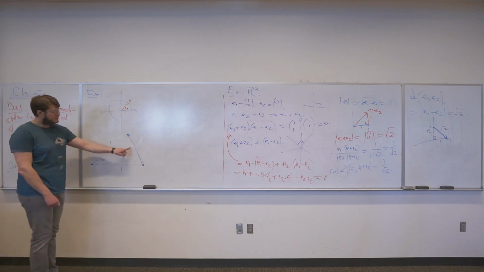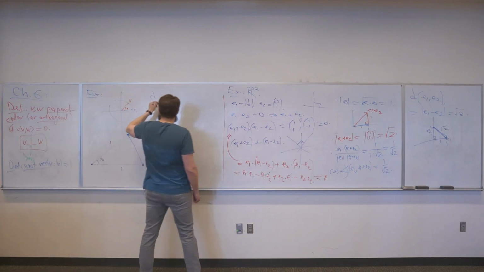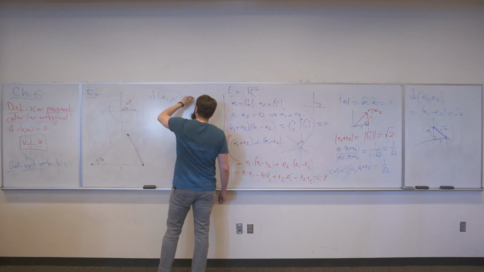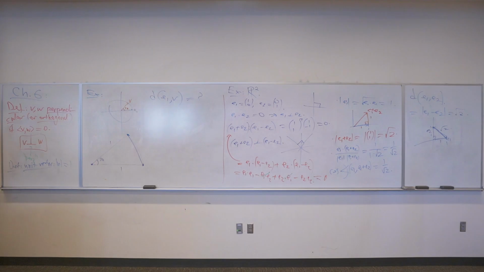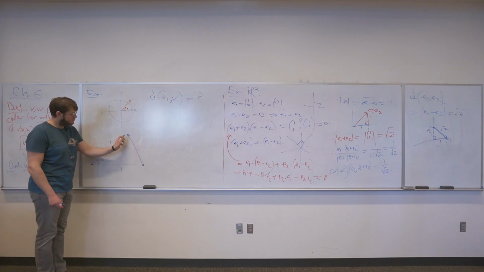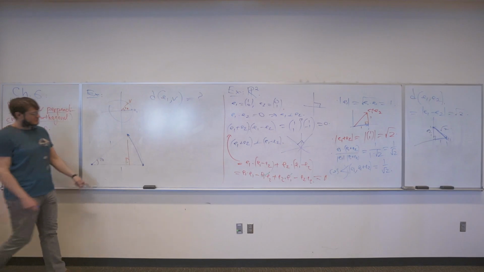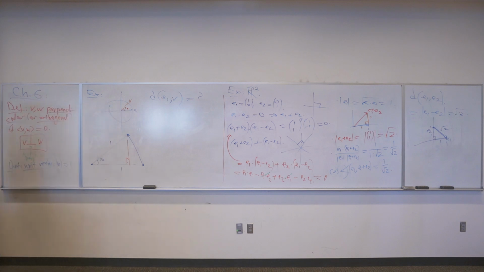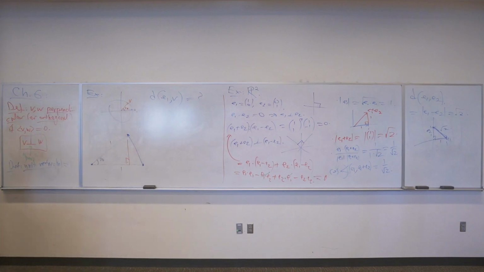I'm asking, what is this length? In other words, I'm asking what the distance between V and E1 is. Now, if you're familiar with plane geometry, what you would probably do is draw this perpendicular line, do some sort of Pythagorean theorem to come up with this other length. But we can go ahead and try to compute it using the new rules that we have.